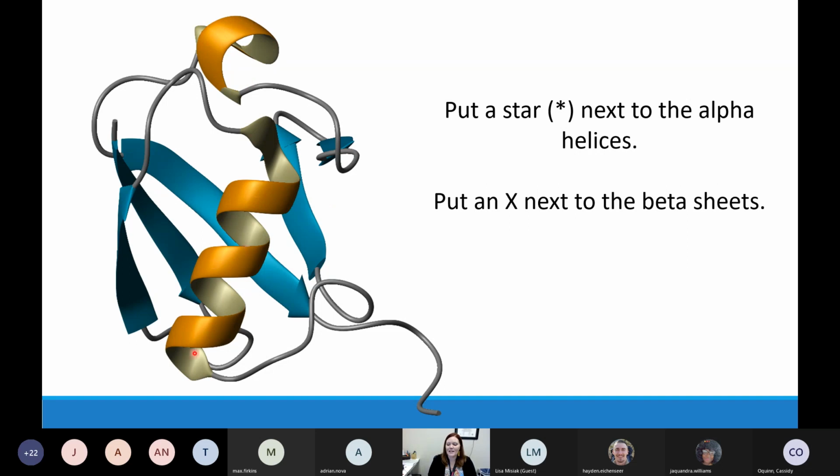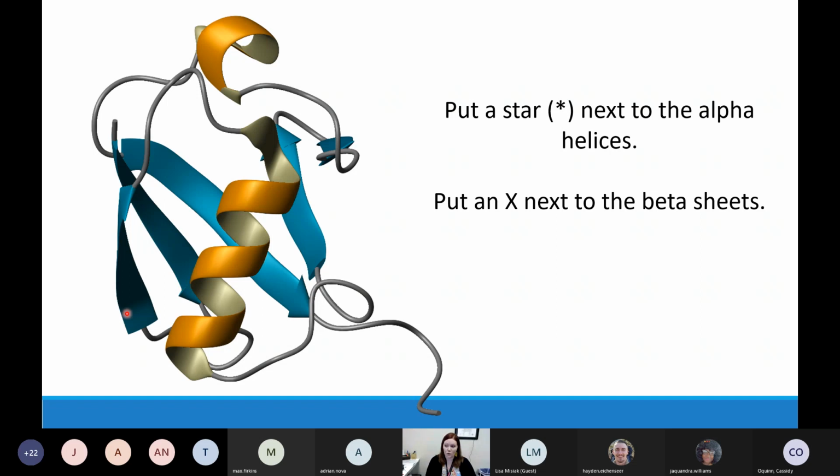So my alpha helices in this protein, where distant amino acids are interacting with each other to form the spiral, we see that in orange, or kind of the orange-yellow. When we talk about those flat beta sheets, we can see those in blue. So notice those flat beta sheets that we see here.